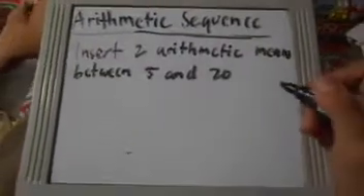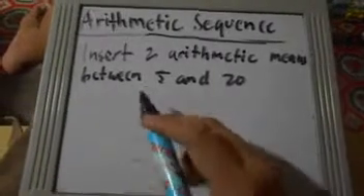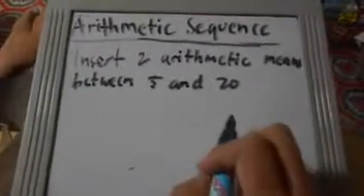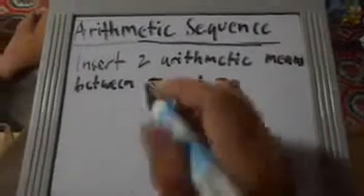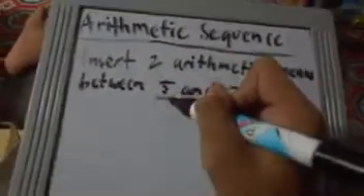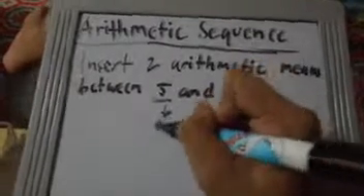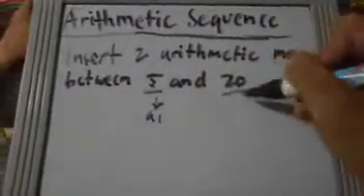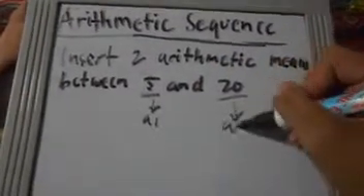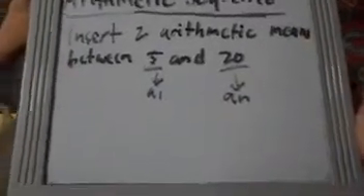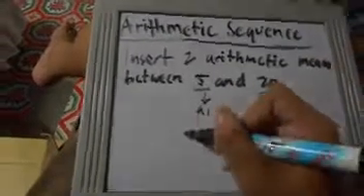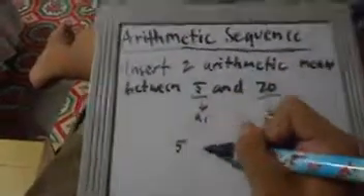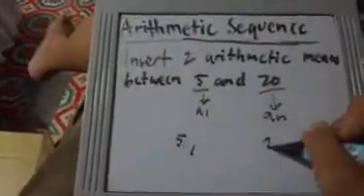Now let's have an example. Insert two arithmetic means between 5 and 20. Since we are asked to insert two arithmetic means between them, 5 will become our first term and 20 will become our last term. Since we don't know how many terms there are in this sequence, let's first draw this 5 and 20.